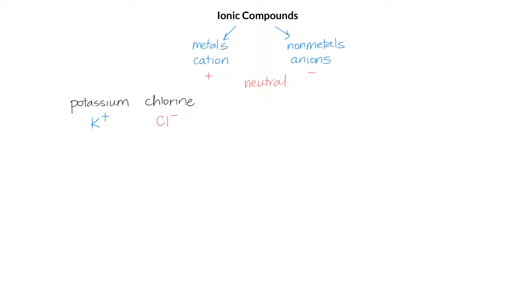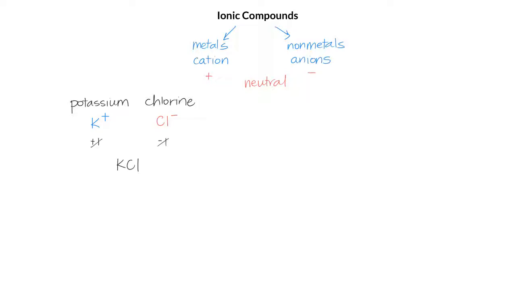We have one plus charge and we have one minus charge. And so when we put these two together as KCl, our charges will cancel out. When potassium and chlorine form an ionic compound, the formula is KCl.